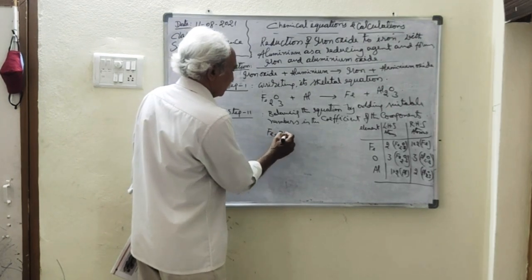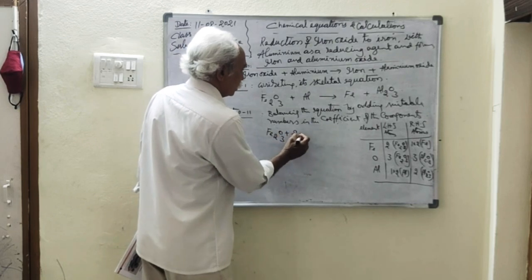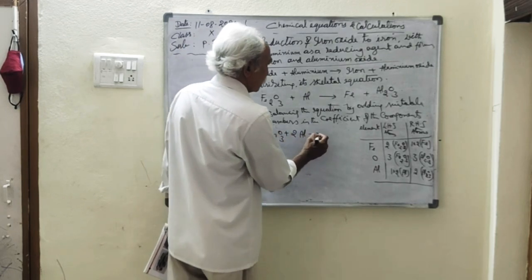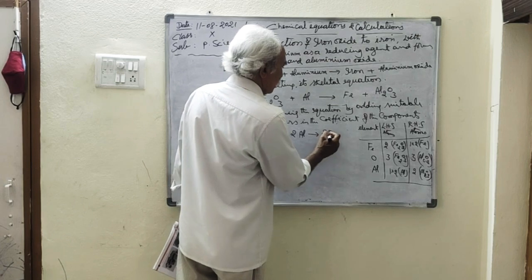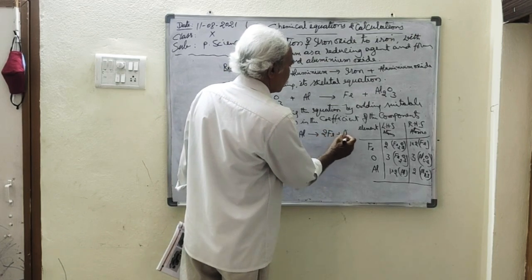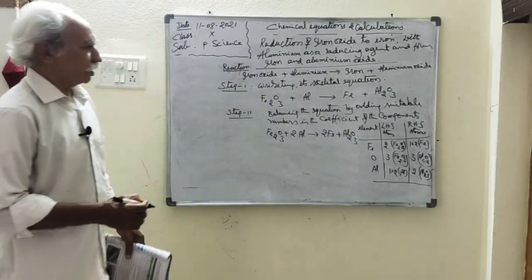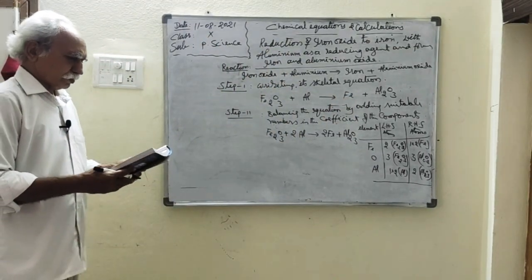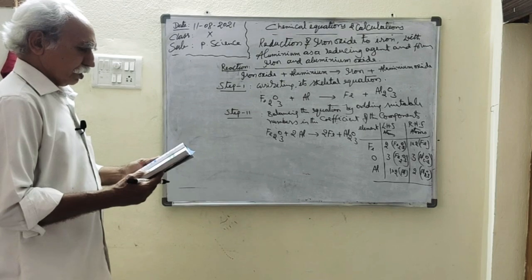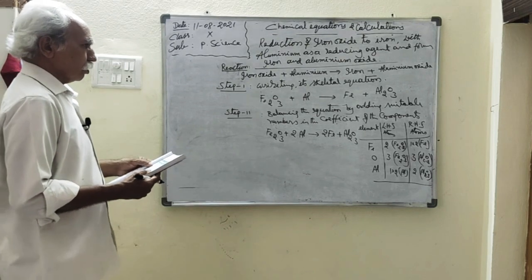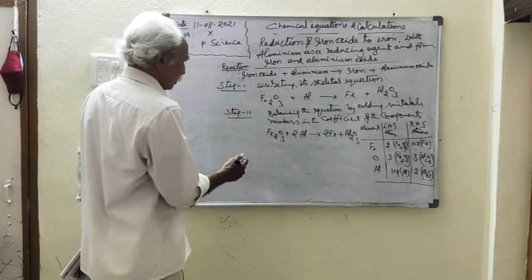Fe2O3 plus 2Al is raised to 2Fe plus Al2O3. So this is the balanced equation. After balancing this equation, now you go to another step.